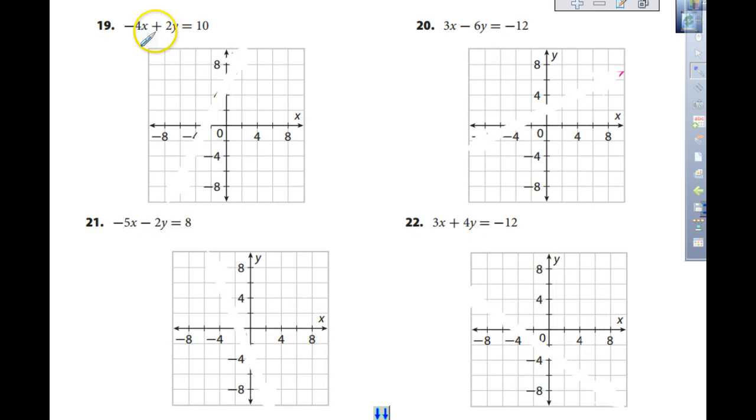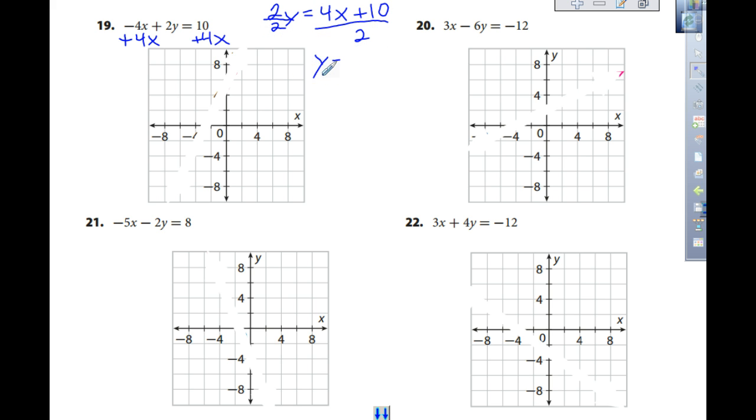So more review. Last 4, same thing. You just have to do solving for y first. Okay, so for instance, on number 19, you can just add 4x to both sides. Divide everything by 2.